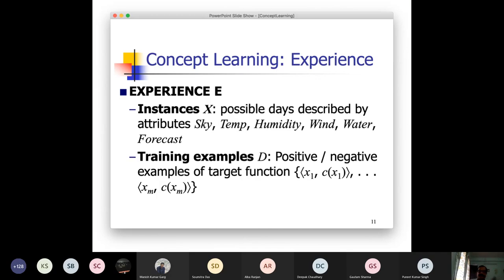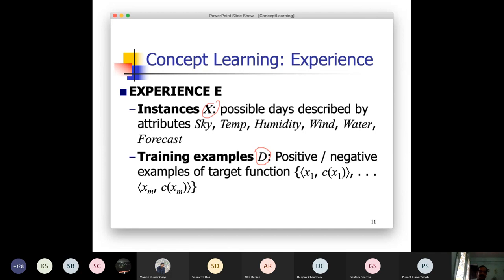So training examples can also be represented a bit more formally in this form. Just note this: X is a set of instances. That's the input space.